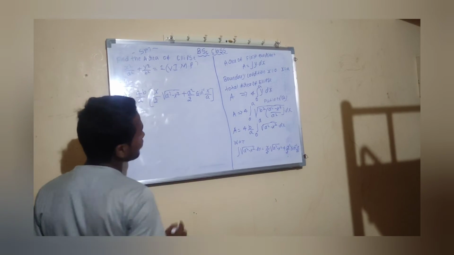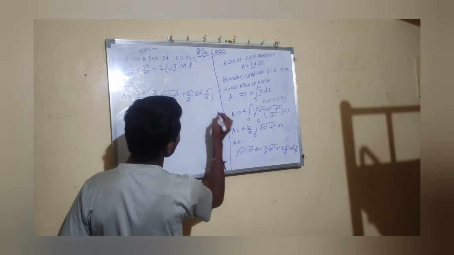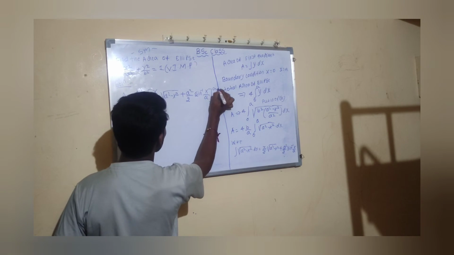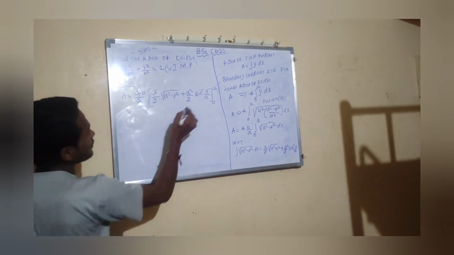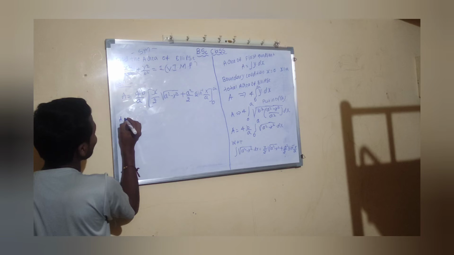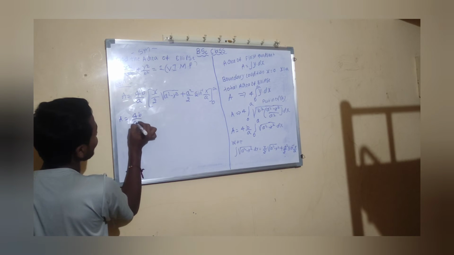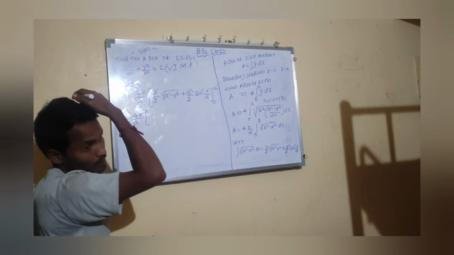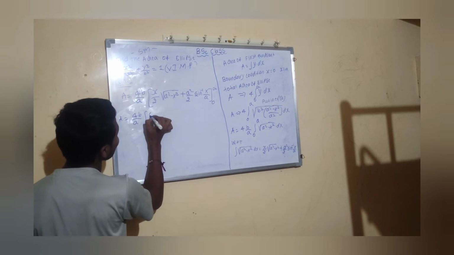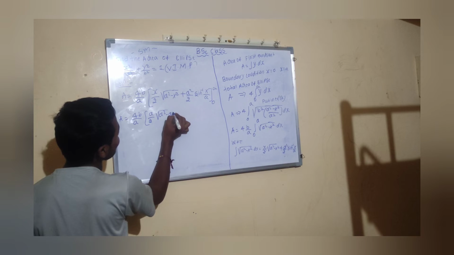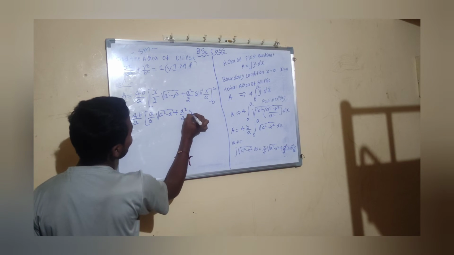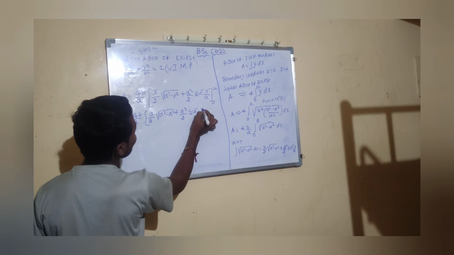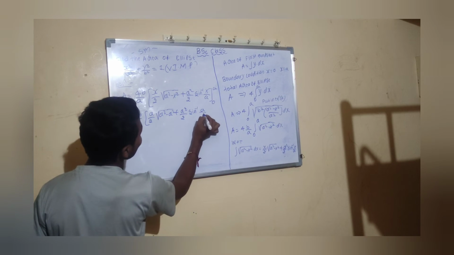Now apply the limits, upper limit and lower limit. First the upper limit, which is a: a divided by 2 square root of a square minus a square, plus a square divided by 2 into sine inverse of a divided by a.